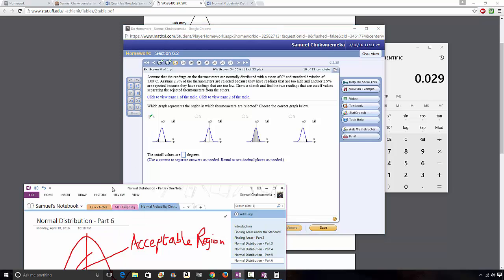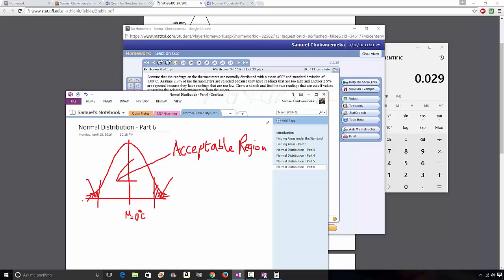Now, what are the cutoff values? We are going to find the z-score corresponding to 0.029 on the left area. And guess what?